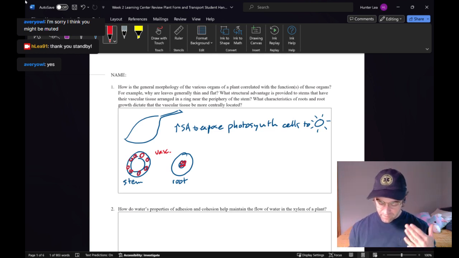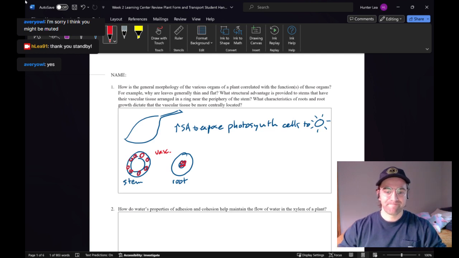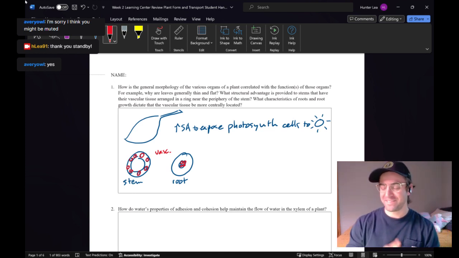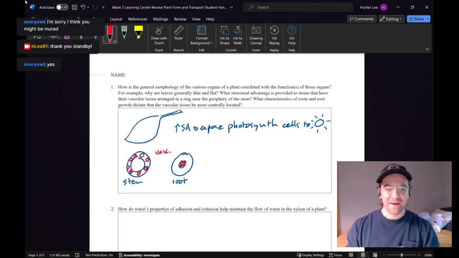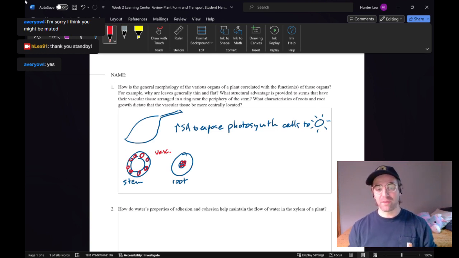You can also think of this in terms of, I don't actually really like this example, but it's given here, so I want to share it. You could demonstrate this phenomenon using a piece of paper.